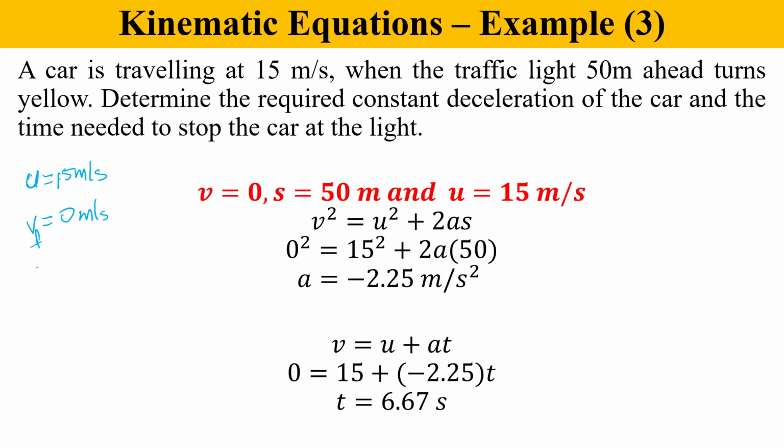And then your displacement up to that point is 50 meters. You look at this now, what is it that you want? You want acceleration. So from there again, you see that your fourth equation of motion is helpful in getting you the acceleration, and the first one will give you your time.